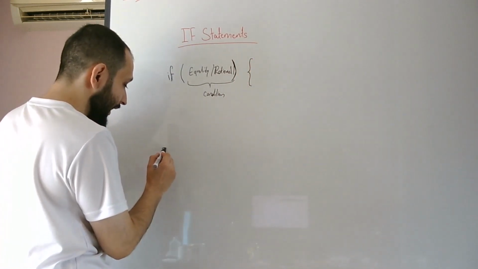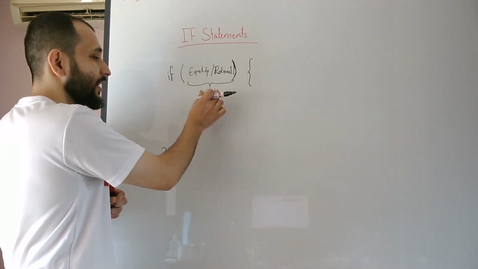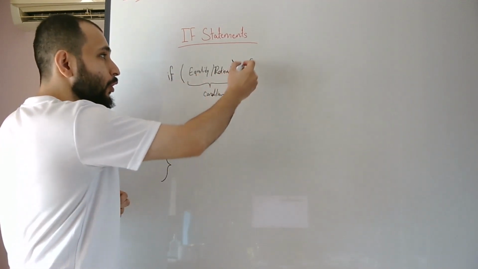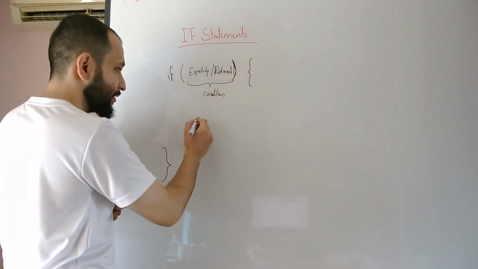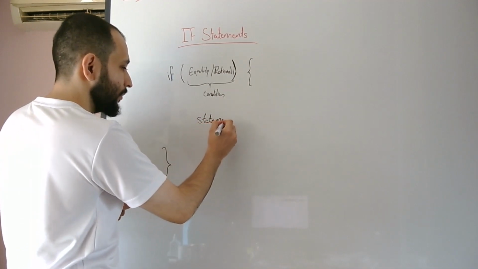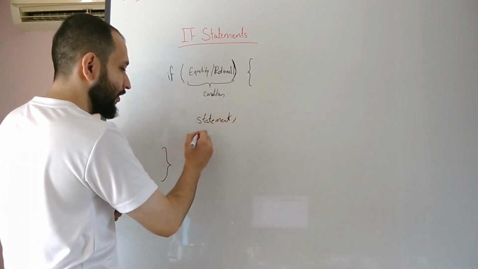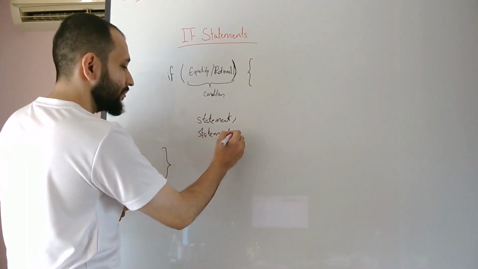And there will be an ending brace as well. So if this condition evaluates to true, these statements that are provided inside of these braces are going to be executed. It will be a statement of code in here, another statement of code, so there could be multiple statements.